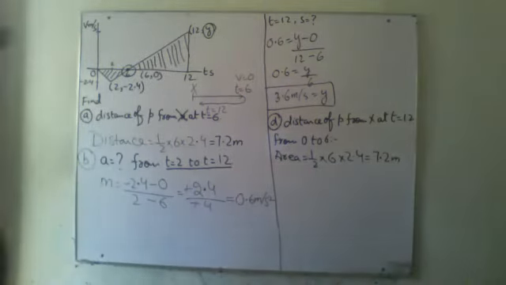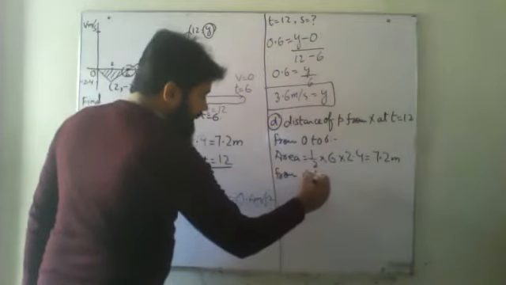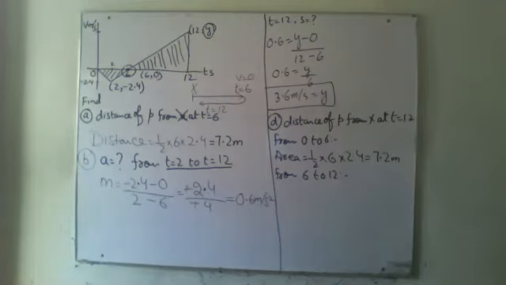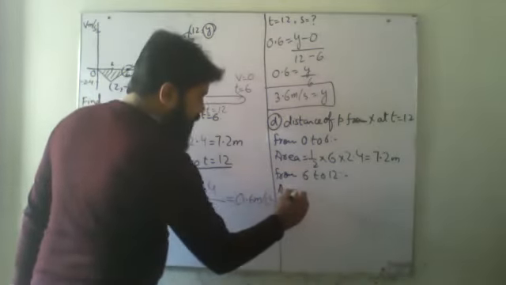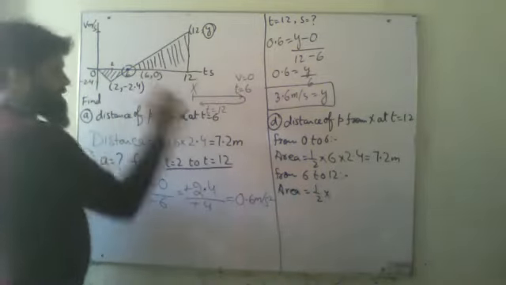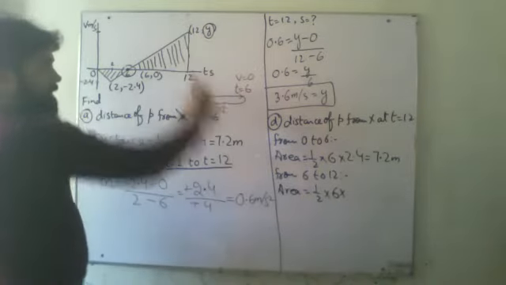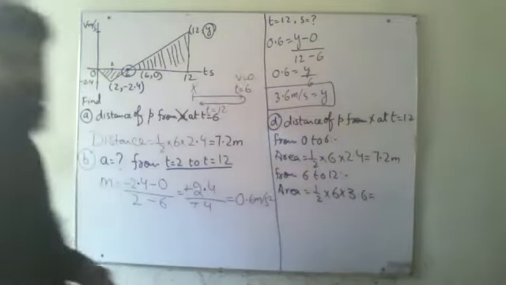Next thing, I have to find this distance. How will I find it? From 6 to 12, and again it's a triangle, so area equals half. Again, this base is 6, and the height, the value of y, is coming 3.6 over here.